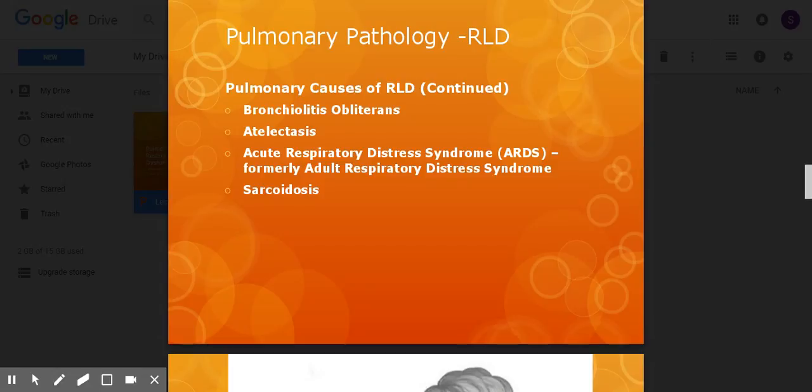Atelectasis is classified as one of 5 types. 1 is resorptive. 2 is a passive pneumothorax. 3 is adhesive. 4 is compressive. Think of a neoplasm.